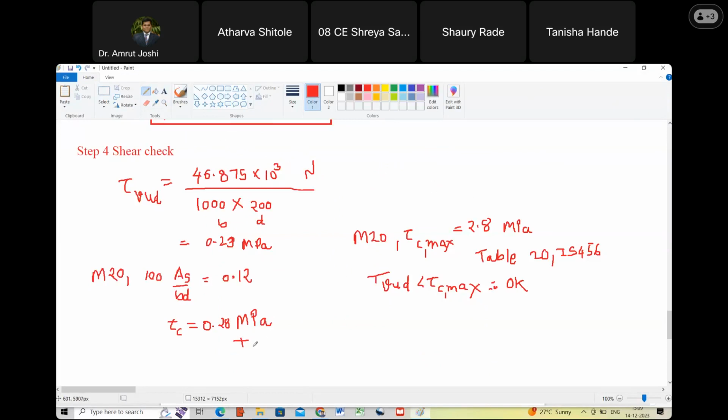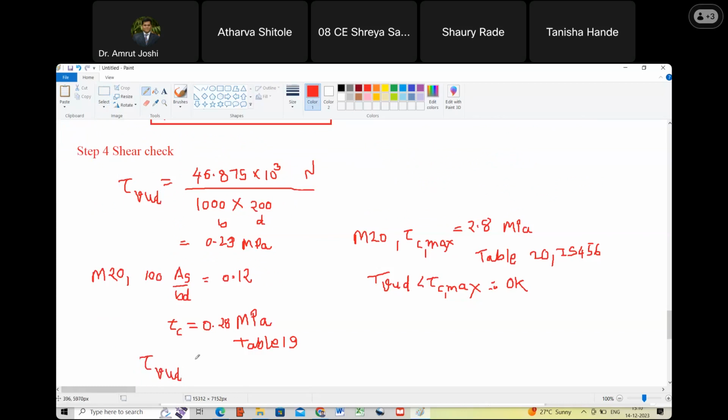Which table are we referring to? Table 19 of IS 456. Now, is tau VUD less than tau C? Yes, sir.